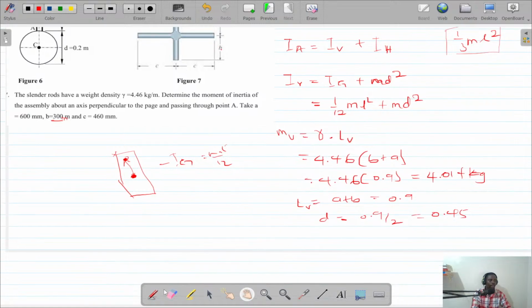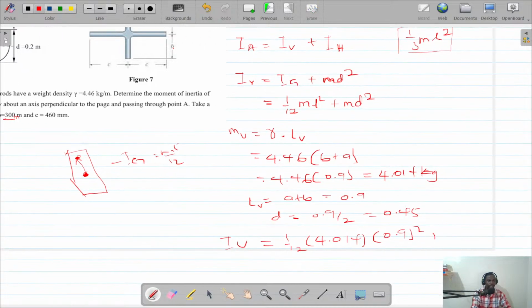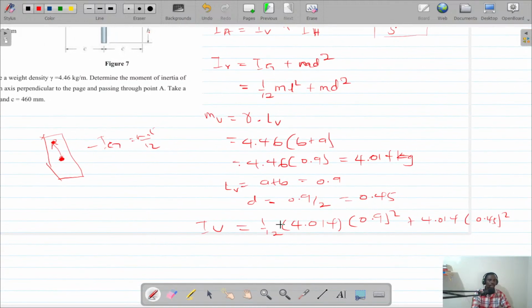So I of the vertical rod will be equal to 1 on 12 multiplying 4.014 and the length 0.9 squared, plus the mass again, 4.014, and the D, 0.45 squared. So what do we get? Kindly find the value of this for me. All right, let's do it together.